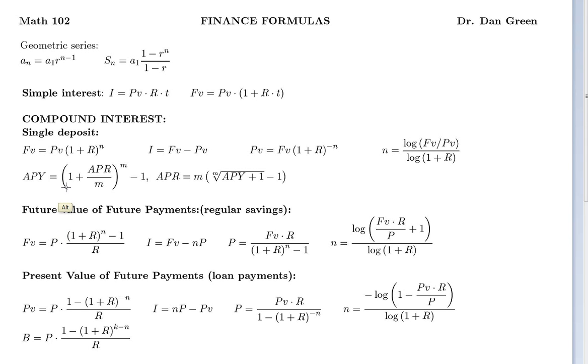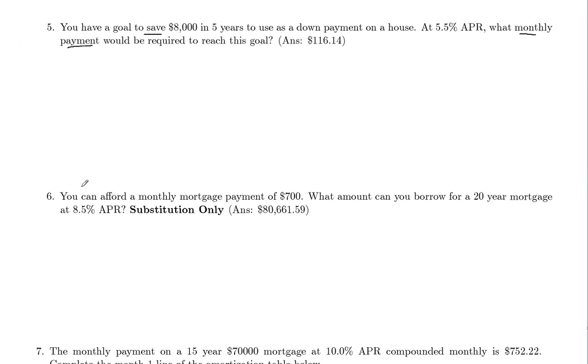So P, 1 plus R to the N minus 1 over R. Okay, so our future value here, write down your formula, is P times 1 plus R to the N power minus 1, and then this is over R. And the P is out in front, so this is times out in front.